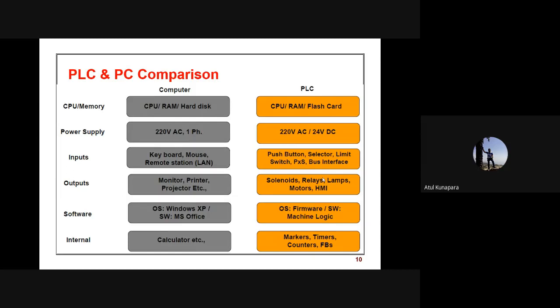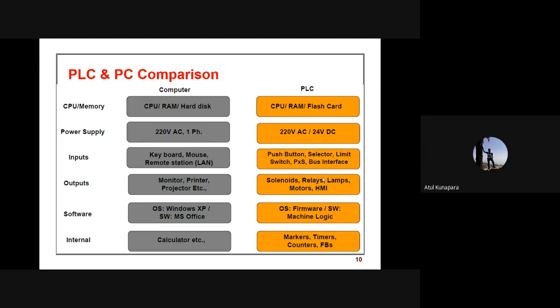Apart from this, if we want to highlight the main difference, then in the case of a PLC, there is a large number of input and output device handling capacity compared to the microcontroller or microprocessor, because microcontrollers and processors come in small packages like a 40 pin or 30 pin package.